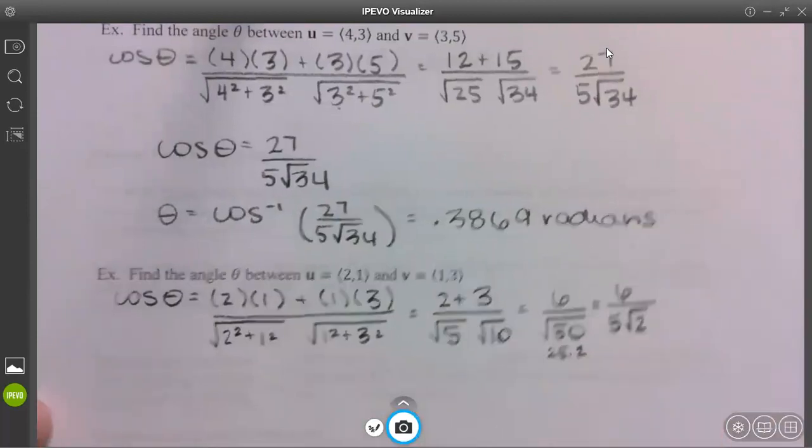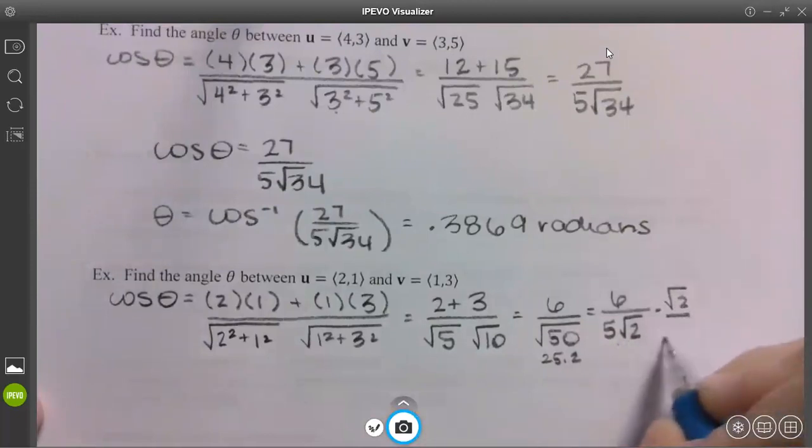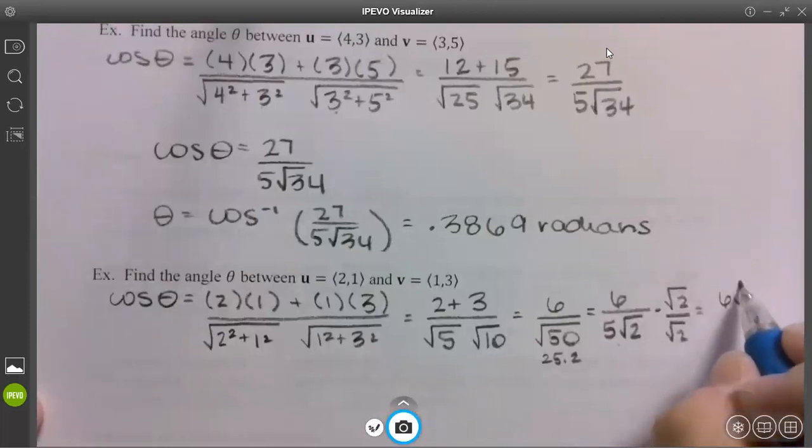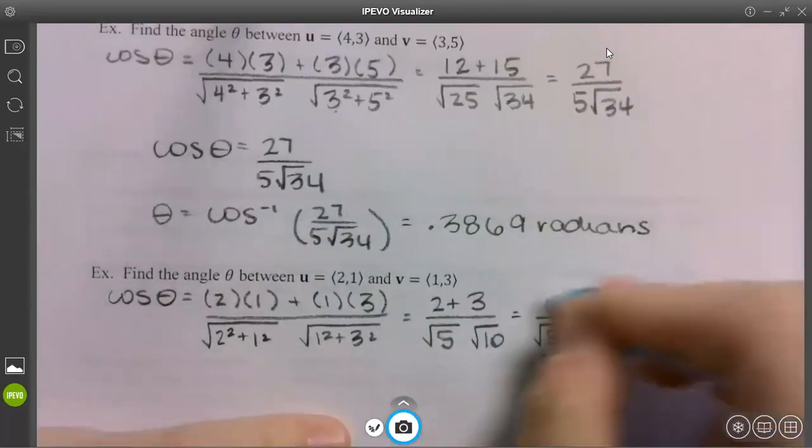They don't like the square root in the bottom, so they multiply it out. We get 6 square root of 2 over 5 times 2 is 10. I'm sorry, 2 plus 3 is 5.